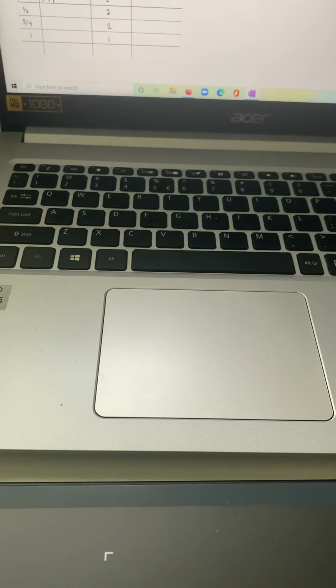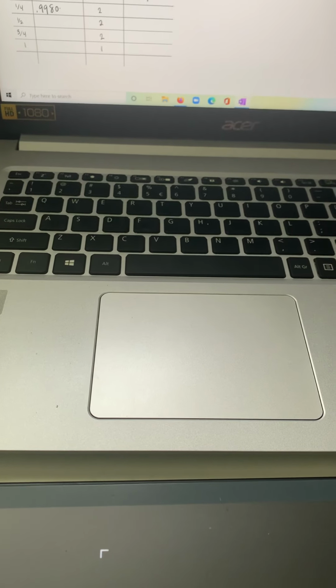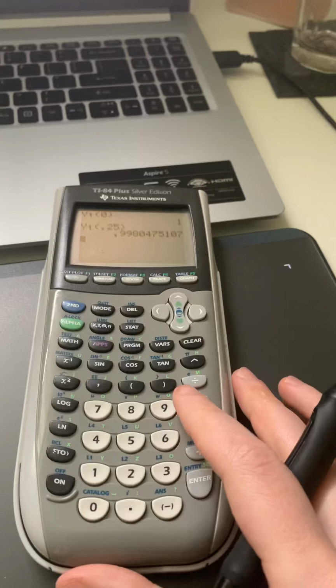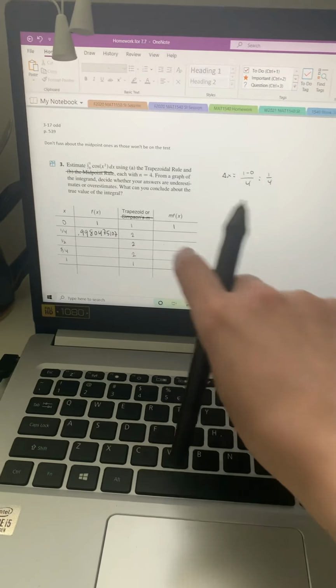So that was 0.9980475107. Now I got to multiply that by 2. So times 2. Again, the reason I'm multiplying it by 2 is because the coefficient is going to be 2.